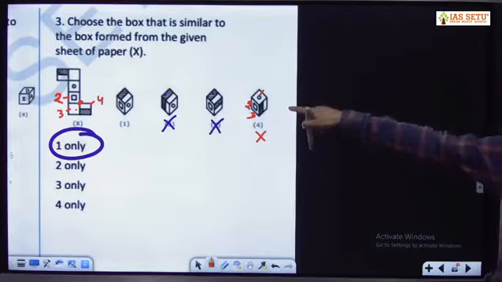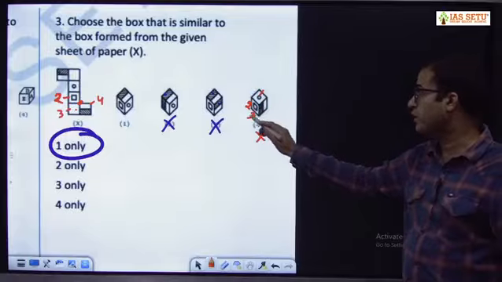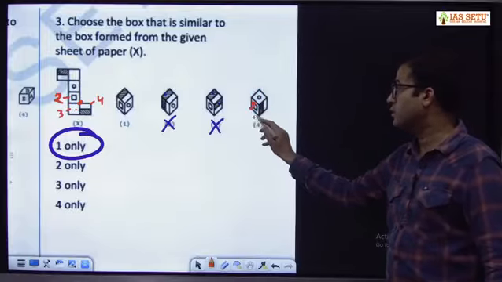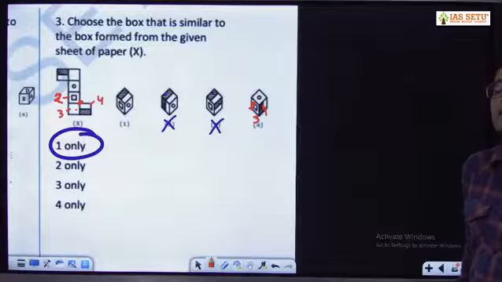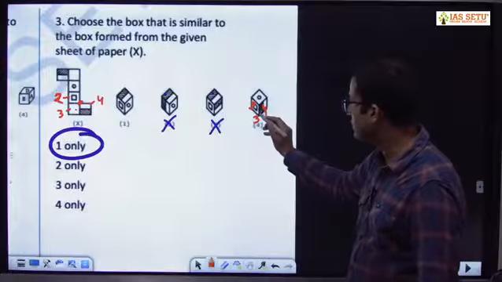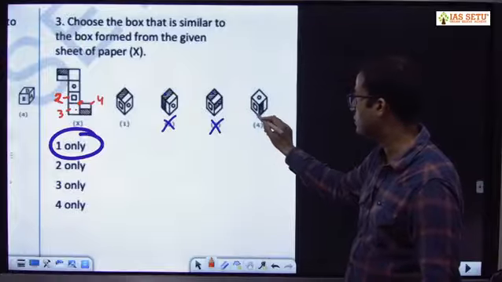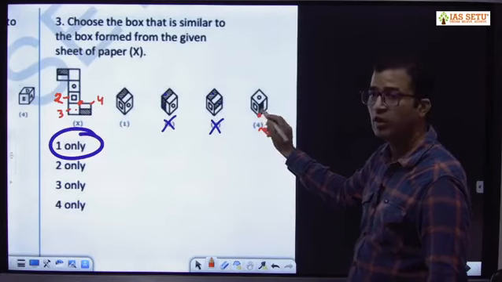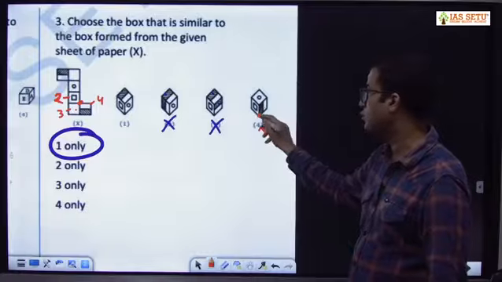So based on this vertex, 2, 3, 4 will be adjacent: 2 in front, 3 at the bottom, 4 on the right side. But where is the picture going wrong? This vertex will be this one, because the common vertex between front, right and bottom is this.